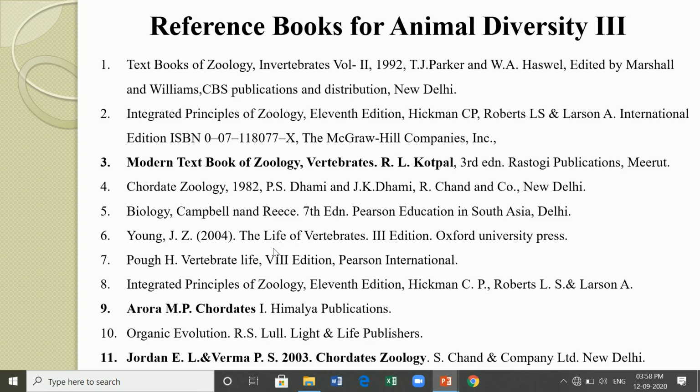You can search for that. The second important book is Chordates by Arora, and the third one is Chordate Zoology by Jordan and Verma. So these are the three among all these reference books that are the best you can use for learning this subject, that is Animal Diversity Third.